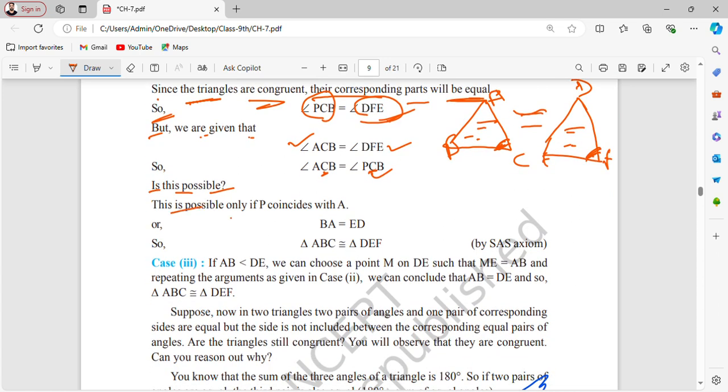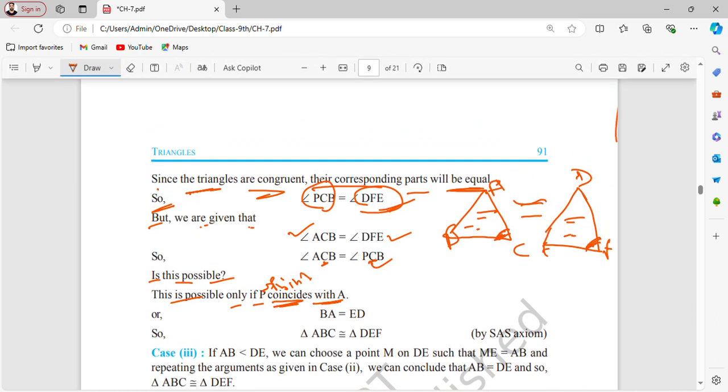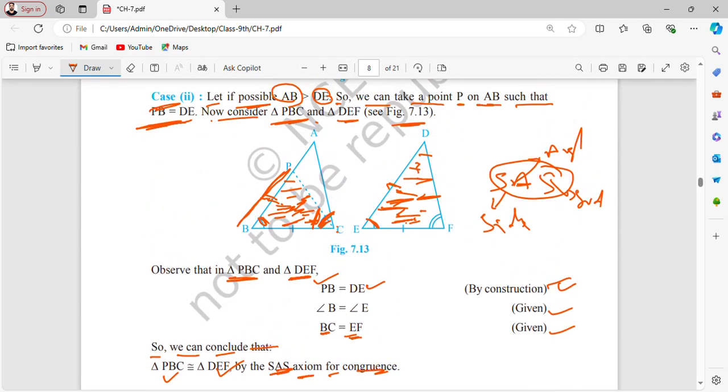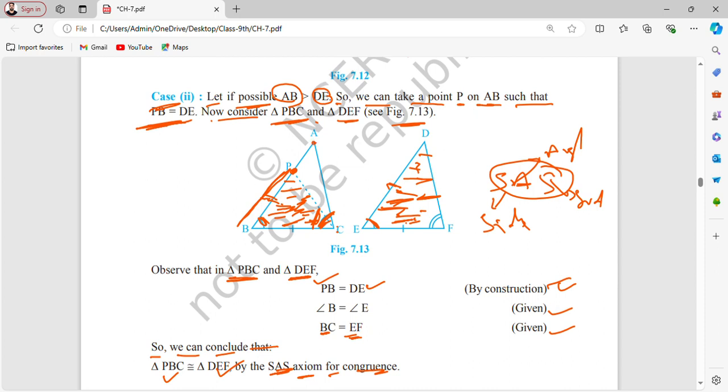This is possible only if point P coincides with point A. Coincide means, suppose this is a point and this is another point.